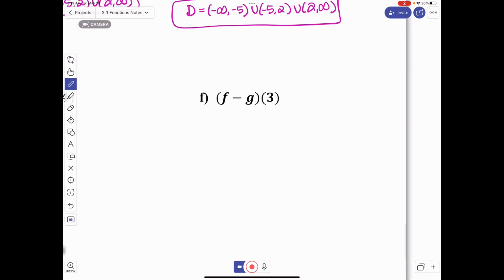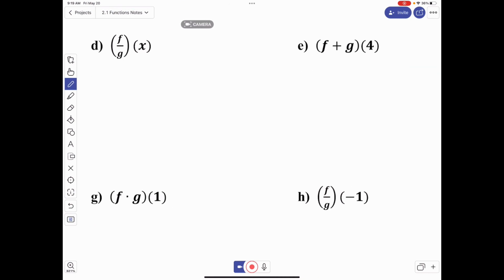Okay, so on D, we're going to divide. So my f of x, I've got 1 over x minus 2 over x plus 5. Now, this one I can't leave because this is called a complex fraction, okay?